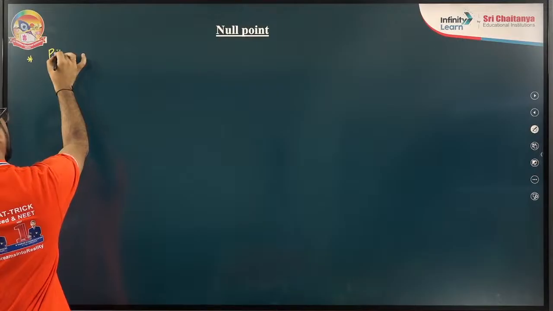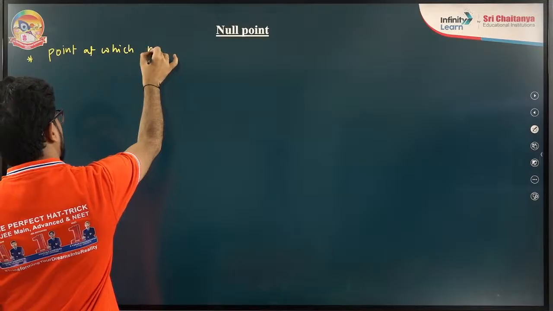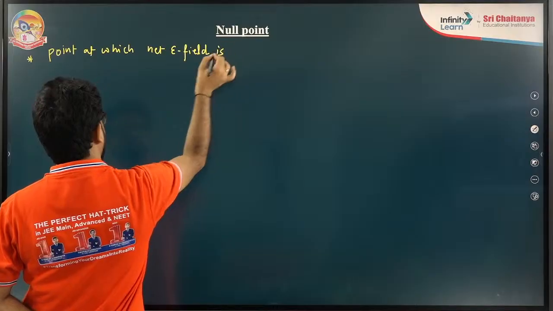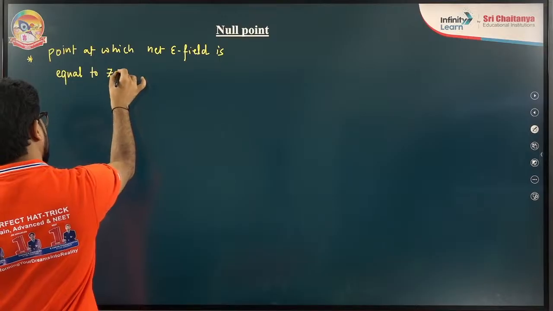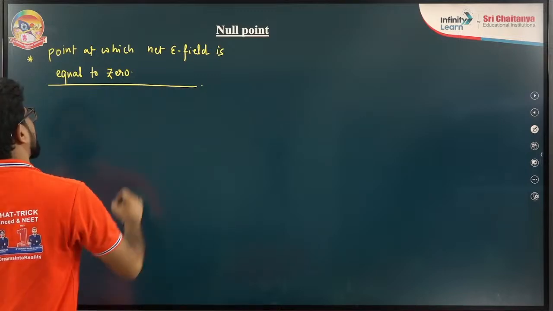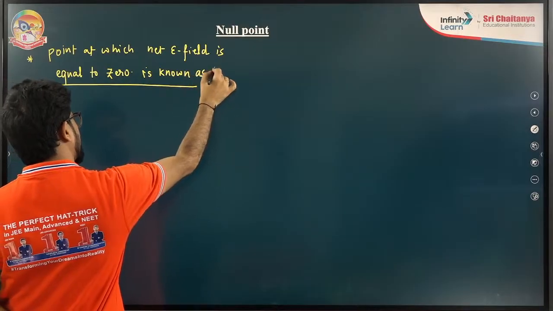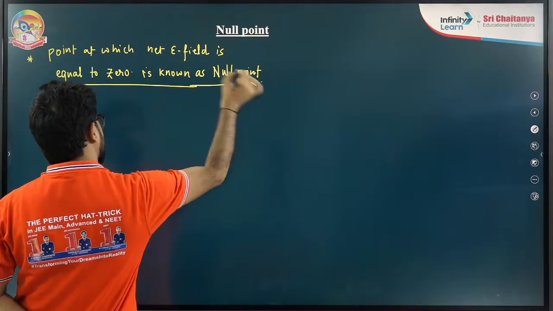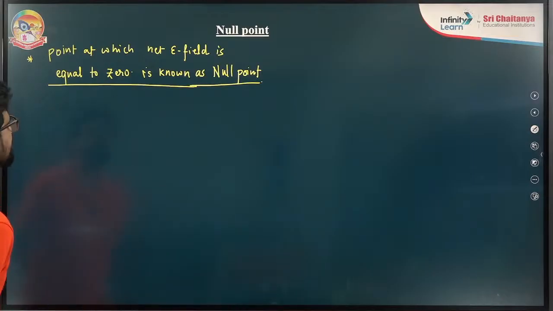The point at which net electric field is equal to 0 is known as the null point. This is the definition of null point. The null point means the point at which the net field is equal to 0.